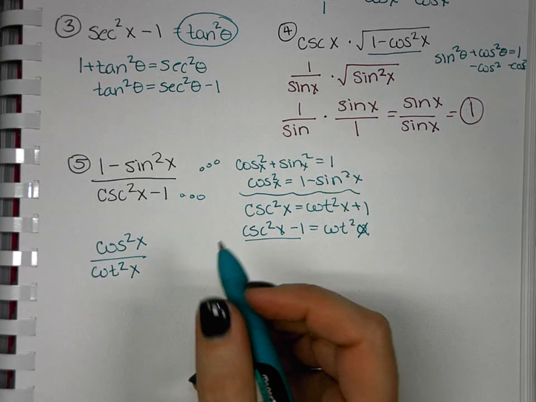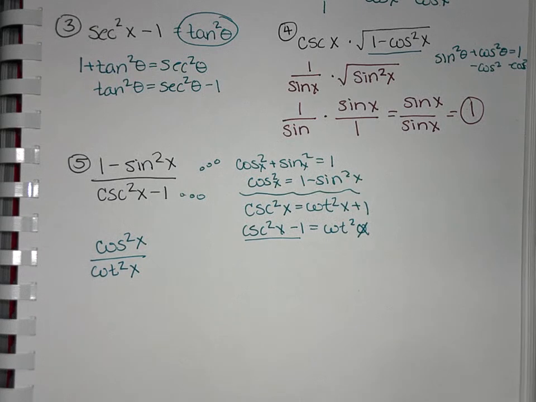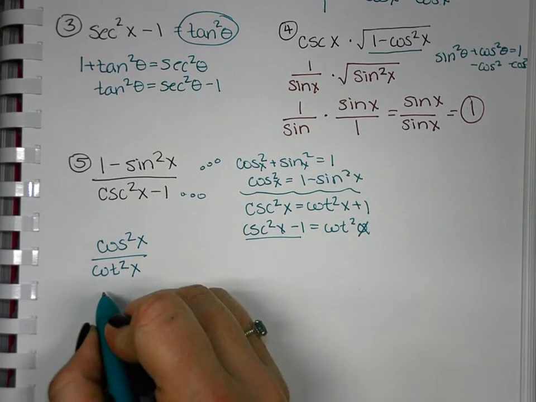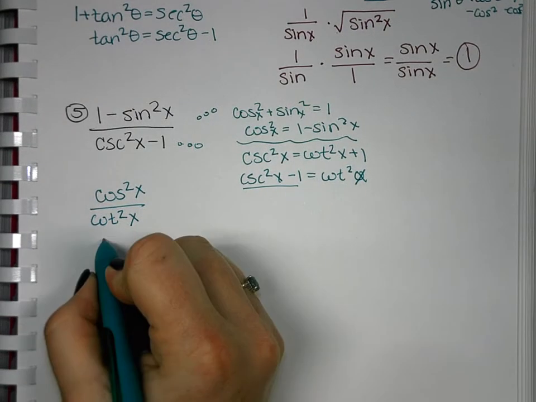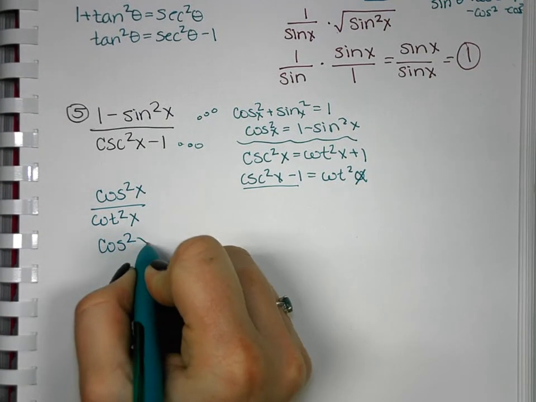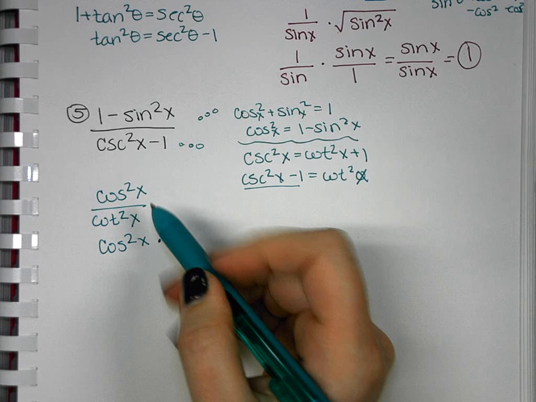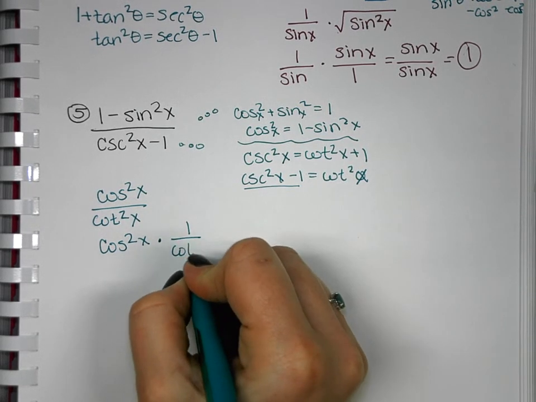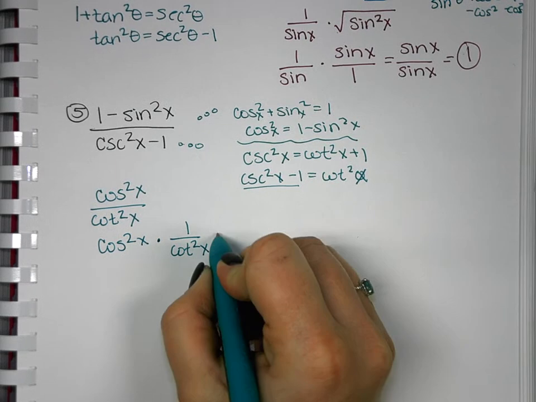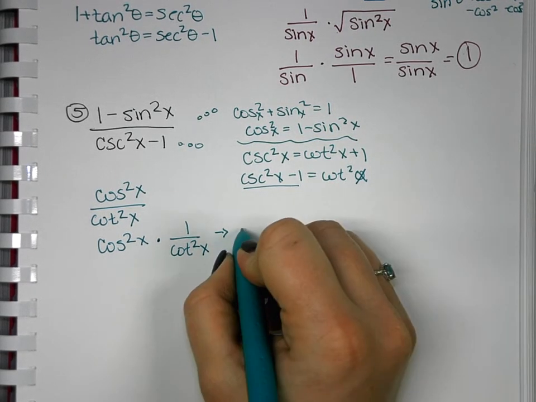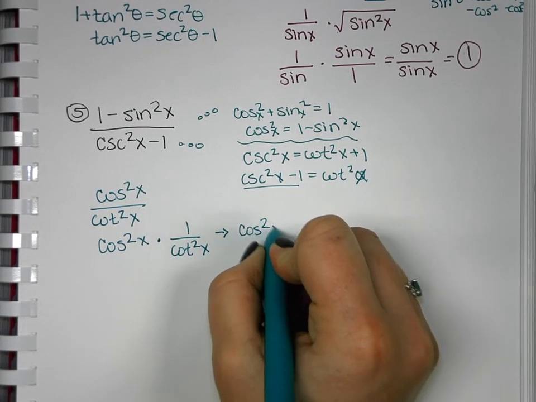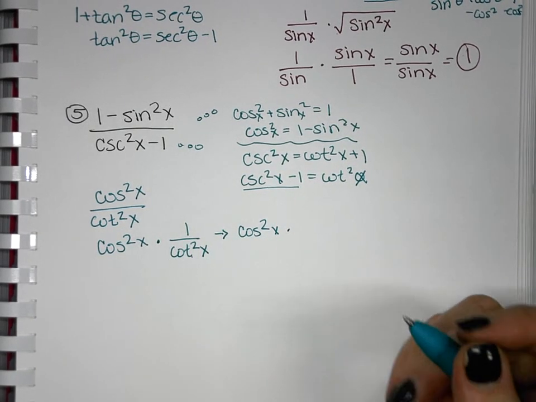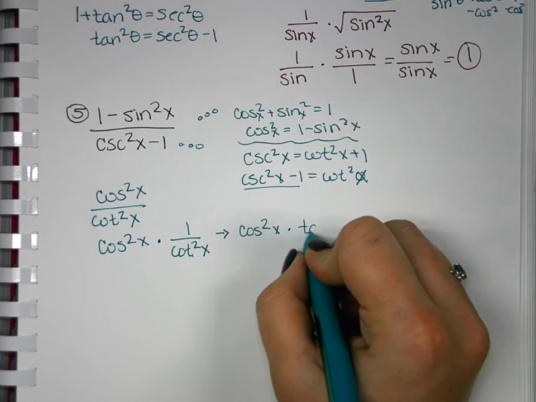So now I'm going to think about, what does cosine squared divided by cotangent squared really mean? Well, that means cosine squared x times 1 divided by cotangent squared x. Well, that can become cosine squared x times 1 over cotangent, that's a reciprocal. That's going to equal tangent squared x.